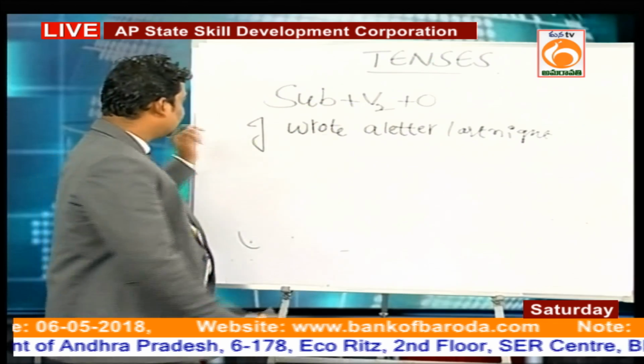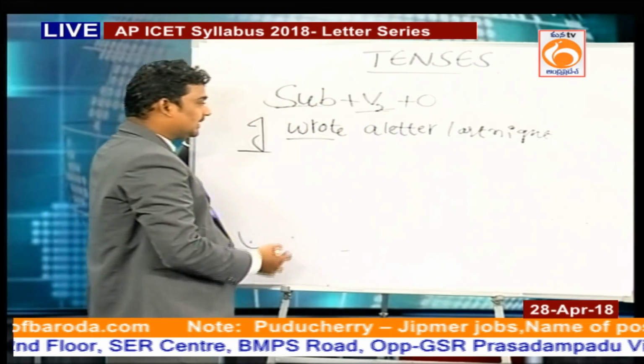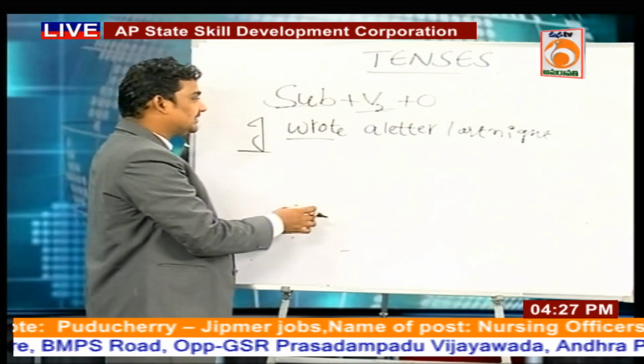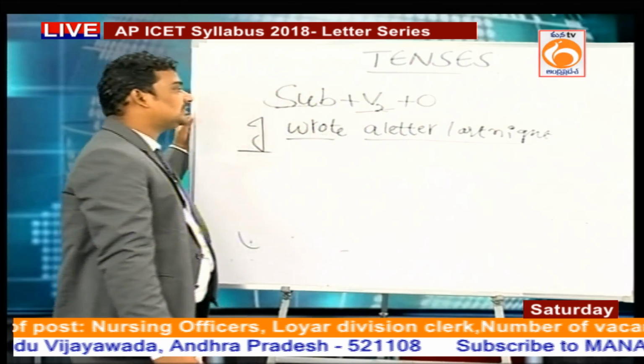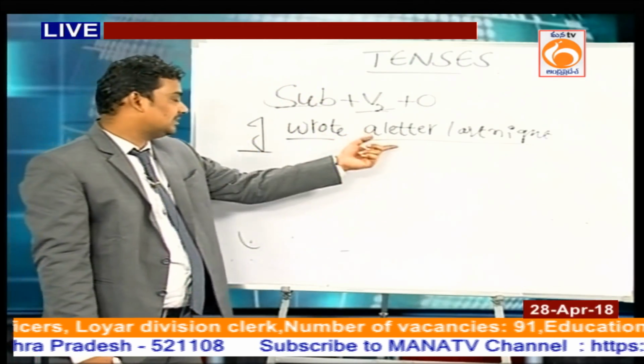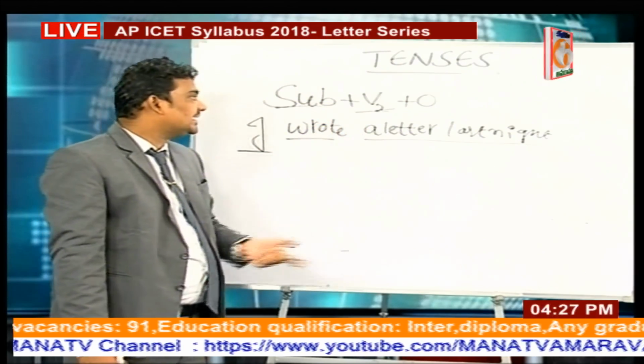I wrote. Here I is the subject, wrote is the V2. The sentence is transitive, that's why I am using a letter last night. This is the object. This sentence is transitive, that's why the verb needs an object.